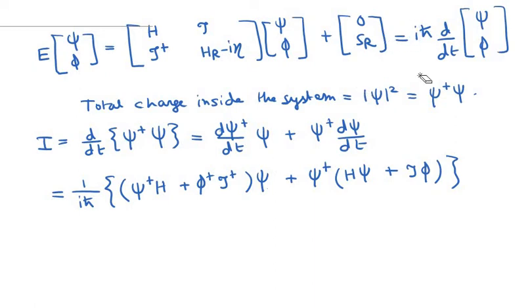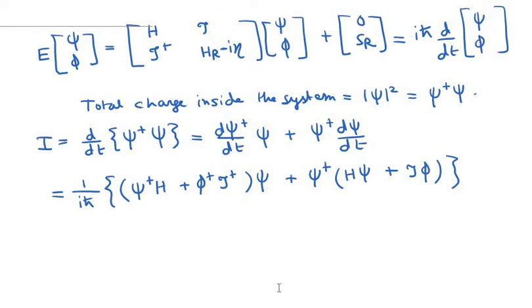So the equation would look something like minus i h, because i becomes minus i, and then the dagger signs change.